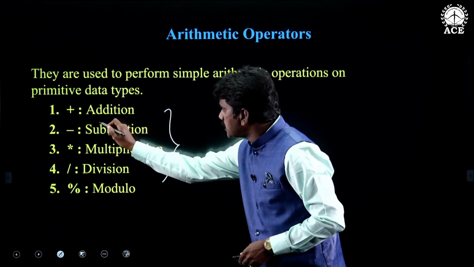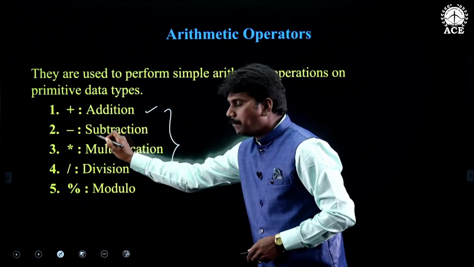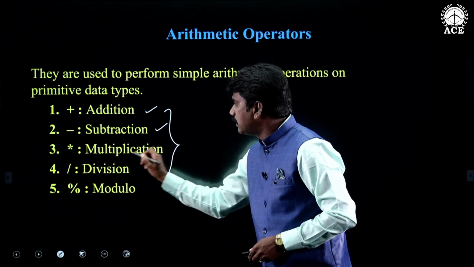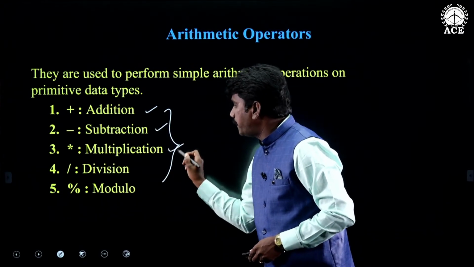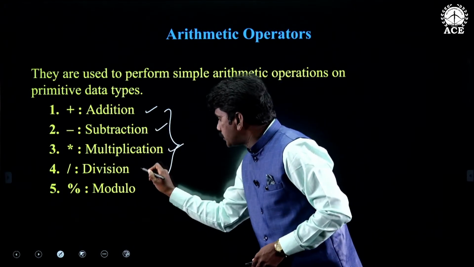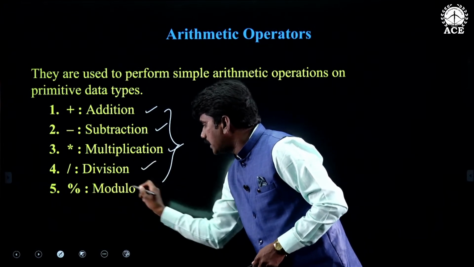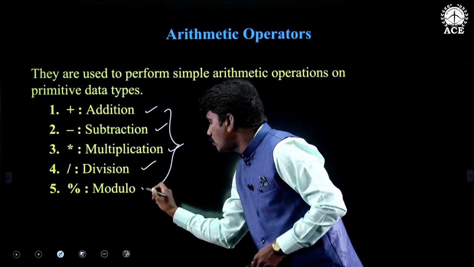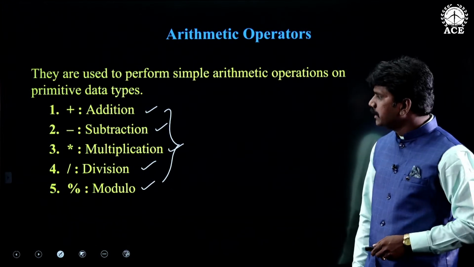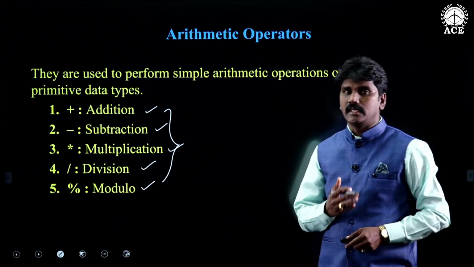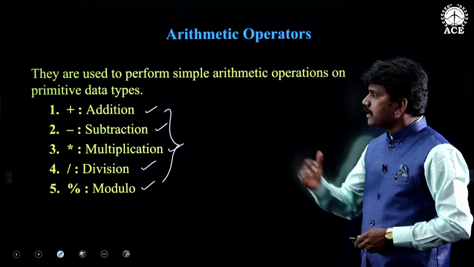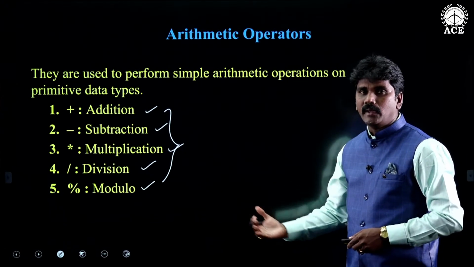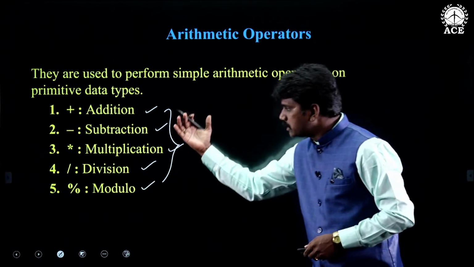The first one is plus for addition, minus for subtraction, asterisk for multiplication, slash for division, and percent for modulo division.